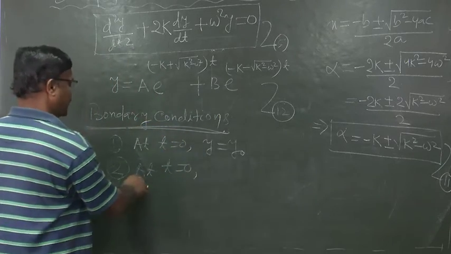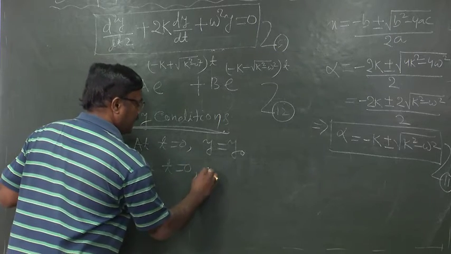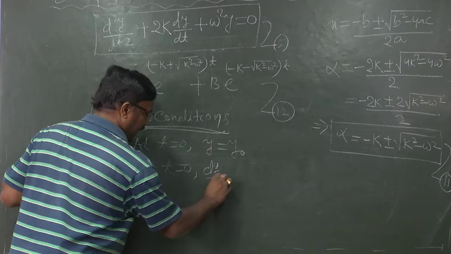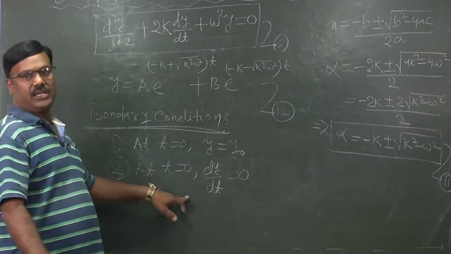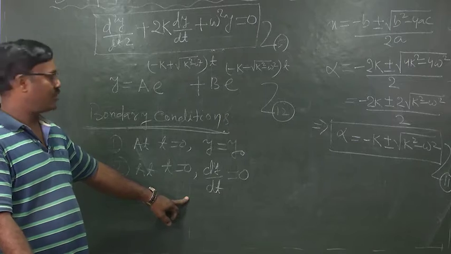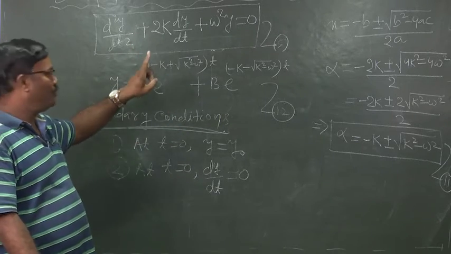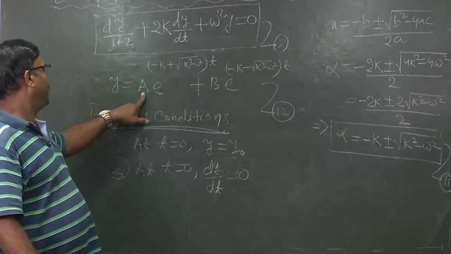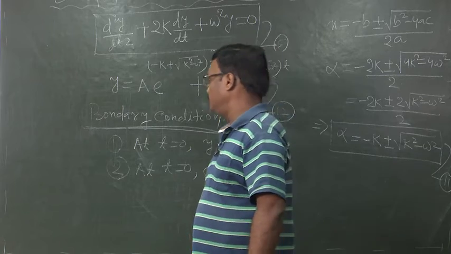That means at t is equal to 0 at the extreme positions, this dy by dt is equal to 0. These are the two boundary conditions which we will apply to this equation to find out the values of A and B. Hence, what we have to do?